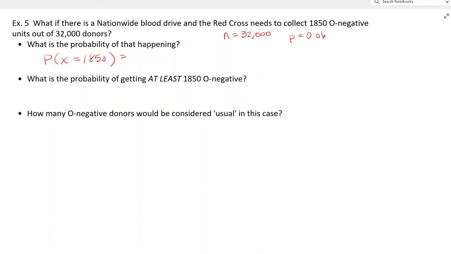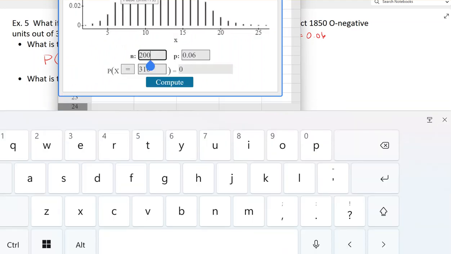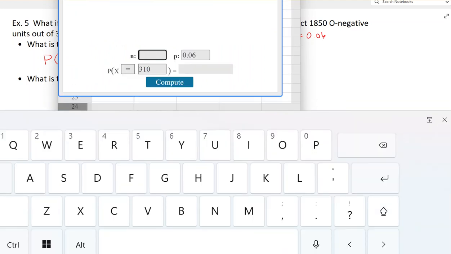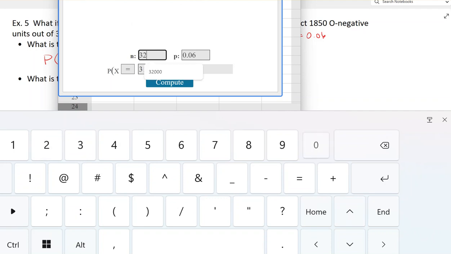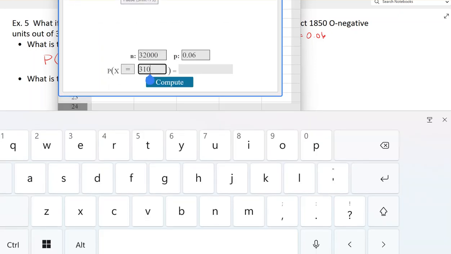So let's go to the calculator in StatCrunch and see what this looks like. First, we need to make sure we go back to the standard calculator, and I'm going to change my sample size to be 32,000. My probability of success for O negative doesn't change, but I am going to change the probability statement to be equal to the 1850 that I needed.